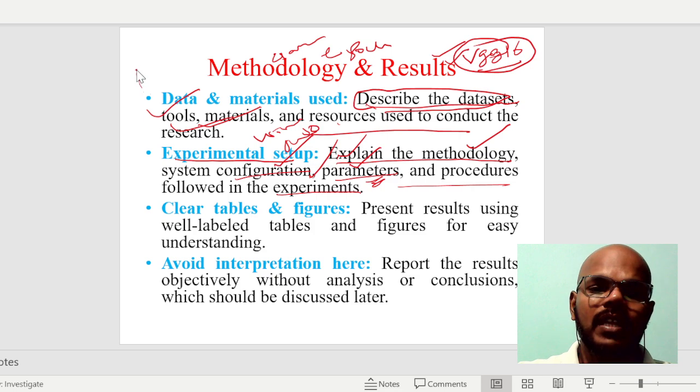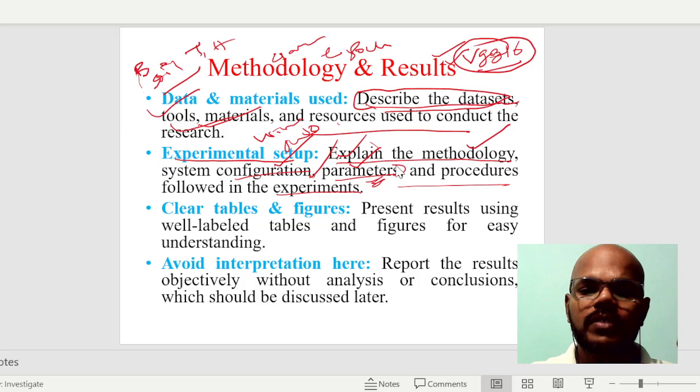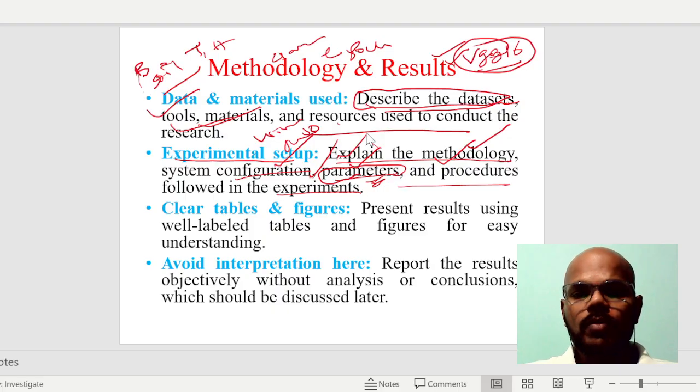Civil people would consider the length of a beam, the type of soil, the temperature, the humidity. Those kinds of things we should discuss under parameters.